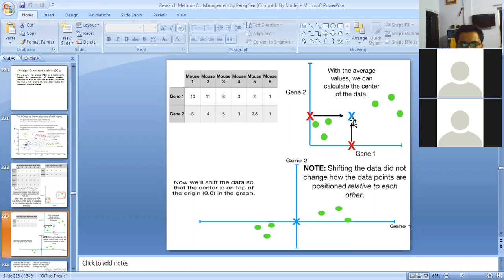Now what you will do is shift this entire set of data in such a way that the center comes to the origin. You can understand that the relative positions of the data points do not change. So you have done this.